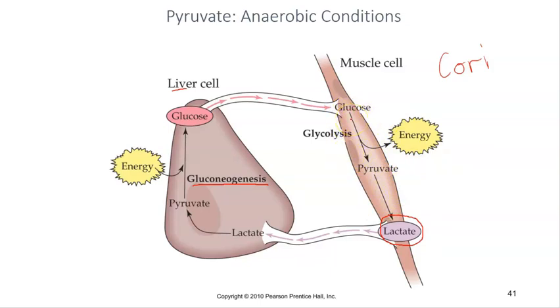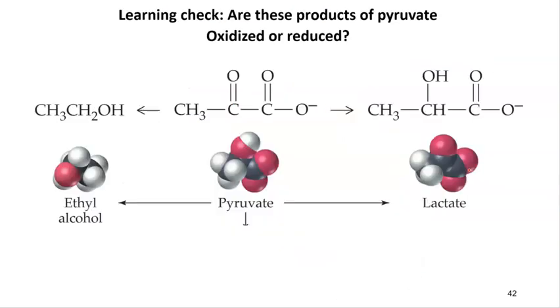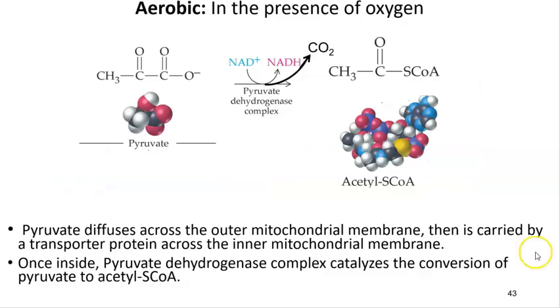Even if you're low on oxygen, you can't make any more energy from the pyruvate, but you can have your liver actually put energy in and make more glucose so that you can get energy out for your muscles to function properly. You can look at these and determine if the pyruvate's being oxidized or reduced in these situations, but I'll let you do that on your own time.